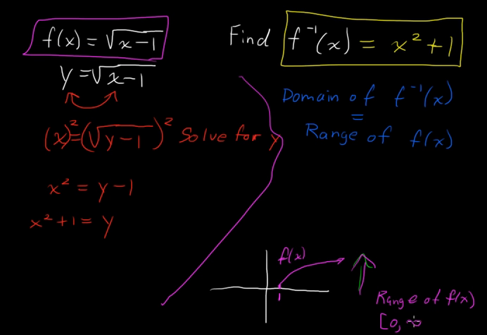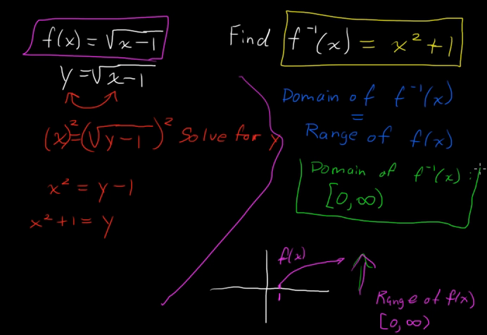So 0 growing upwards forever, so 0 to infinity. That's the range of f of x, and that equals the domain of the inverse. So we can say the domain of the inverse function is also the same as the range of the original. So the domain of the inverse is from 0, including 0, to infinity. I hope that helps.